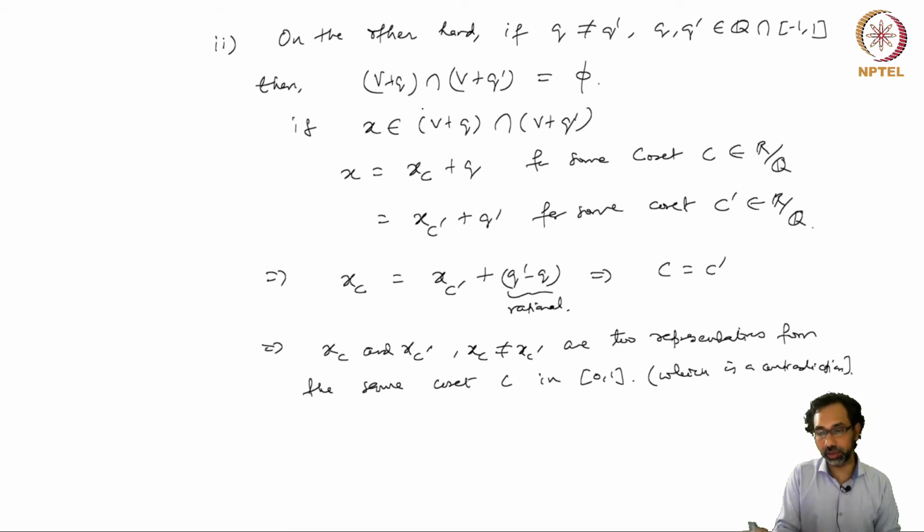So we see that whenever q is not equal to q prime, these two translates V plus q and V plus q prime are disjoint.